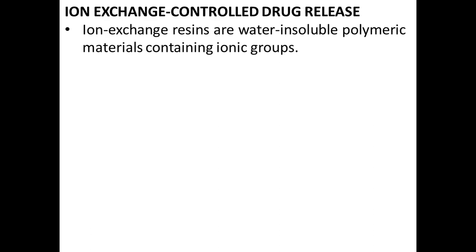Now, what happens in ion exchange resins? Ion exchange is similar to our water purifier systems, where we have two exchangers, cationic and anionic. The cationic exchanger, which has a positive charge, attracts the negatively charged ions in the water, and the anionic exchanger attracts the positively charged ions.